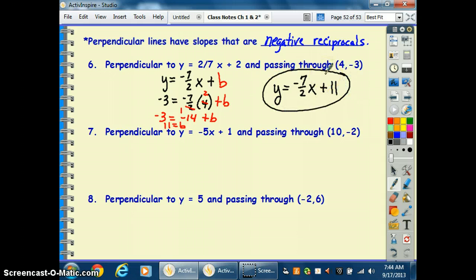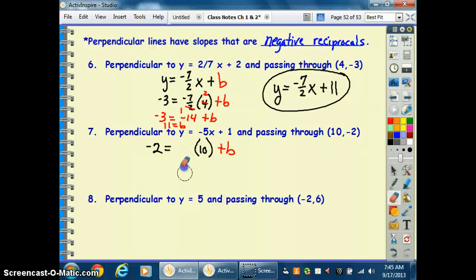Let's try it again. Perpendicular to y equals negative 5x plus 1 and passing through (10, negative 2). Let's plug in, sorry. Negative 2 is our y, equals negative 5 times our x, which is 10, and our b we don't know. I did that wrong again, didn't I?